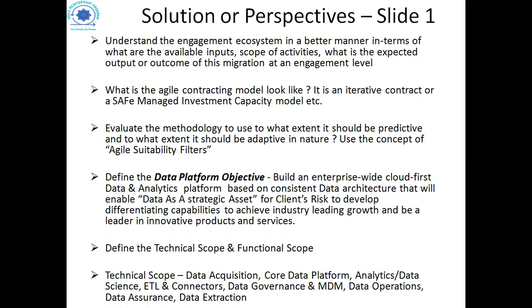So from an overall engagement level, even if I have clarity on the release planning and the intermediate milestones, how am I going to take care of the billing aspects in terms of the cost? It could be an operational expenditure versus a capital expenditure. What your SAFe talks about, right? Your SAFe talks about two main expenditures, your CapEx or OpEx.